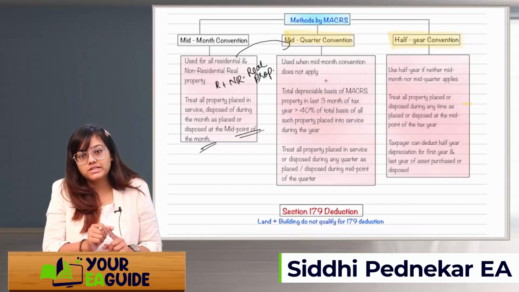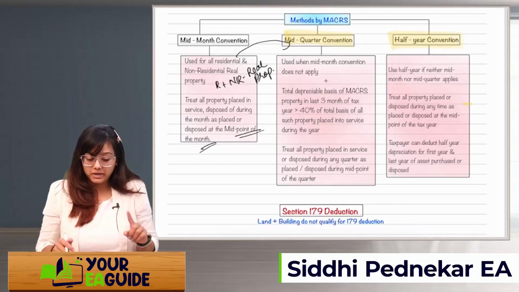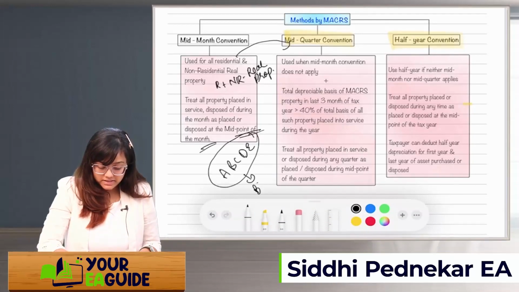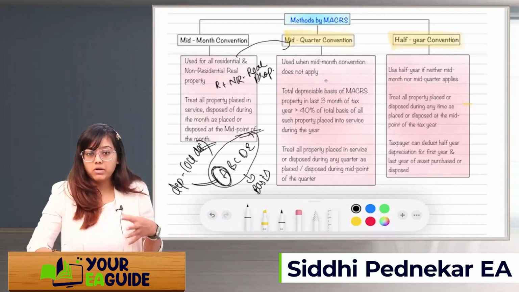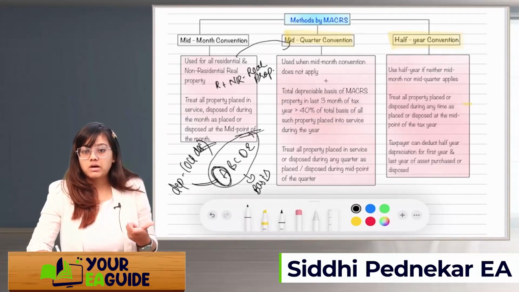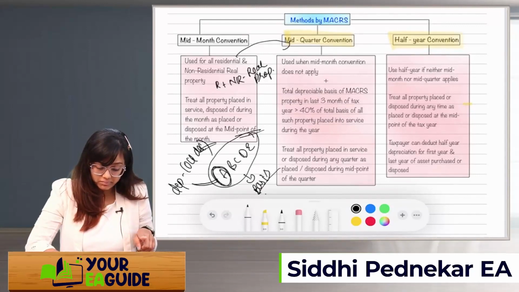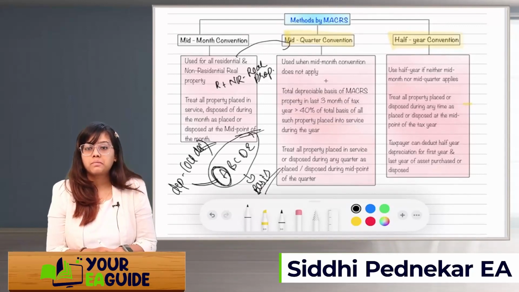Then I'll move to the next step: I'll take the basis of all the 5 properties, and then I'll see whatever A is depreciated in the last 3 months, that is October to December, whatever amount the depreciation is coming. If that is more than 40% of the total basis, then it will fall under the mid-quarter convention.